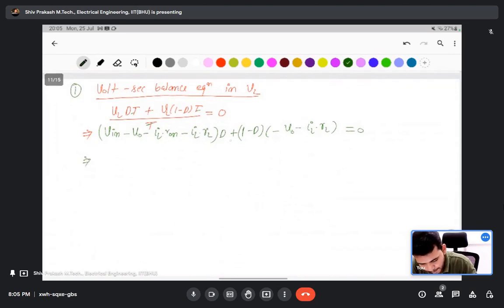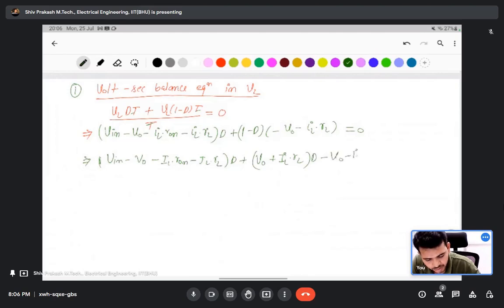Further, to find this, it is the average, meaning IL is the average current. V in minus V naught plus IL into R on minus IL into RL, into D, plus V naught plus IL into RL, into D, minus V naught minus IL into RL is equal to 0.